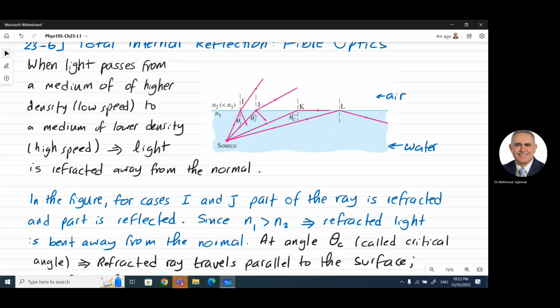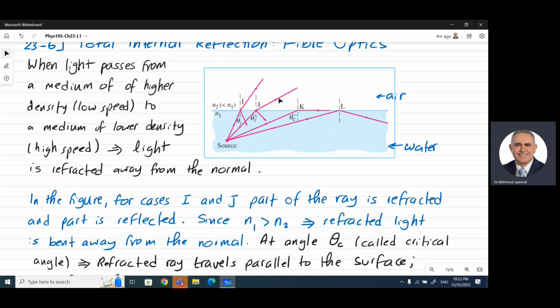Okay? And by Snell's law, this is the angle of incidence, this is the angle of refraction. Now if we increase the angle of incidence a bit, notice this angle of incidence is larger than that one. Notice that when it refracted, it moved further away from the normal. The higher the angle of incidence, the more the refracted ray will bend away from the normal.